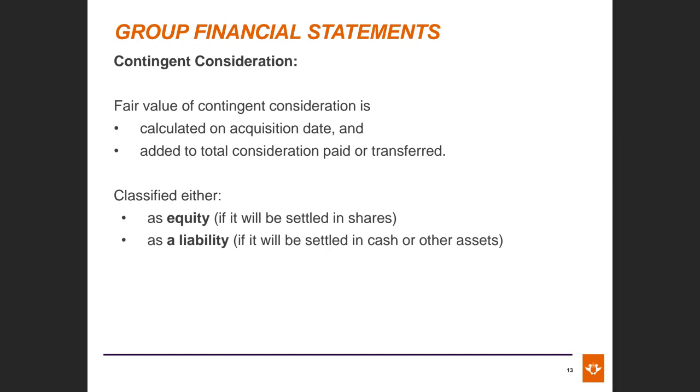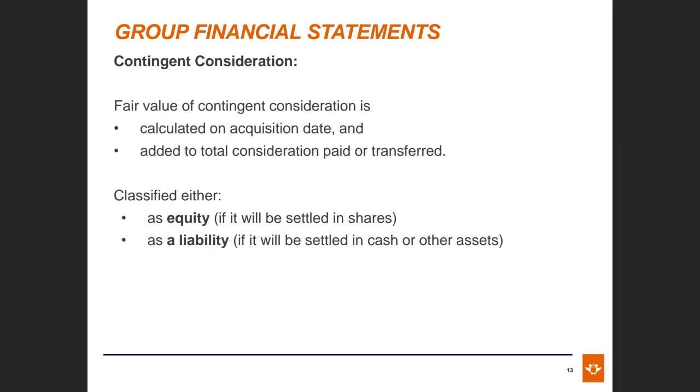Like I've mentioned earlier, it can be classified as equity if it will be settled in shares, or as a liability if it will be settled in cash or other assets. This will determine how we account for it.